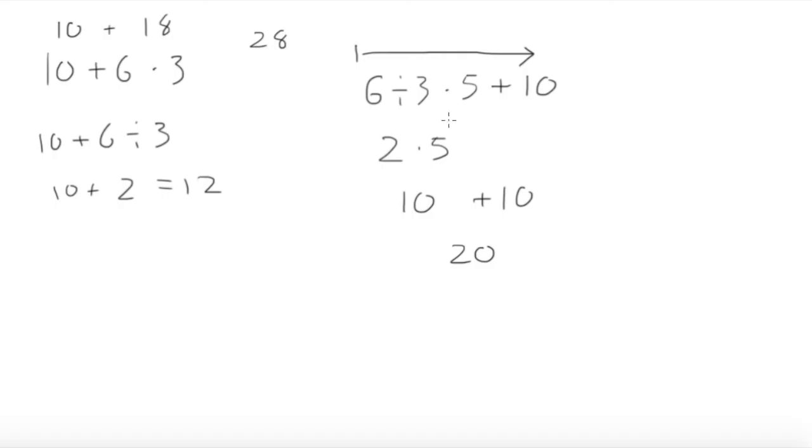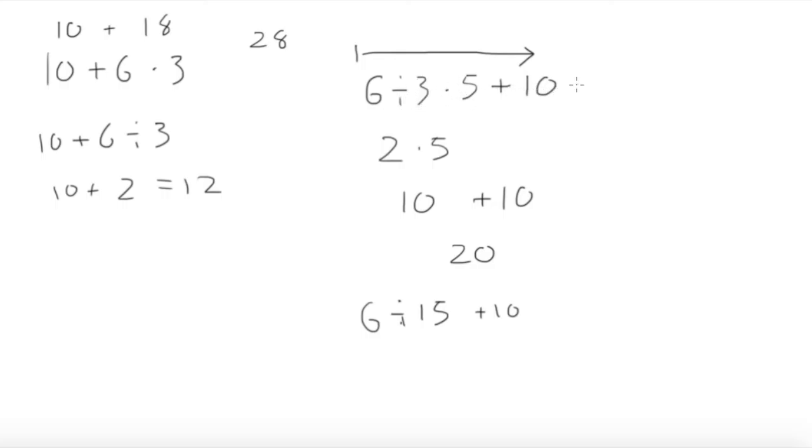No. You're not going to go 6 divided by 15 and then plus it by 10. That's not how order of operations works. You always do left to right when there's a division and a multiplication at the same time.